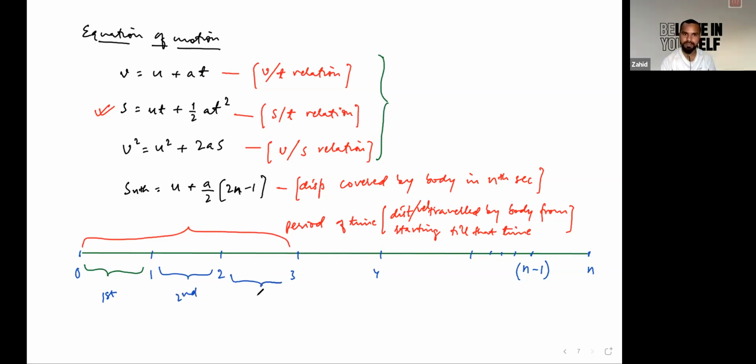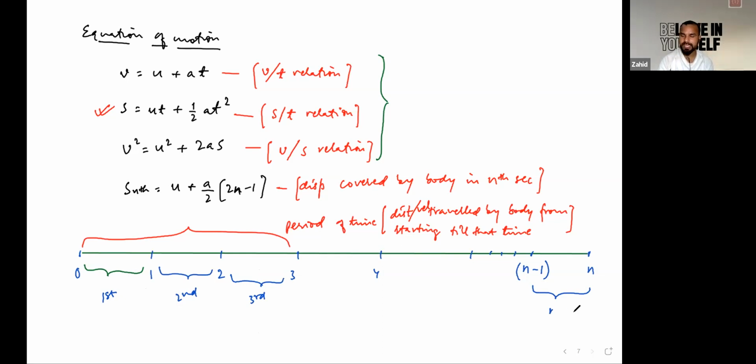Similarly, from this part to this part will be termed the third second. This defines any two consecutive time gaps: from 1 to 2, from 2 to 3, from 4 to 5, and similarly from n minus 1 to the nth interval.